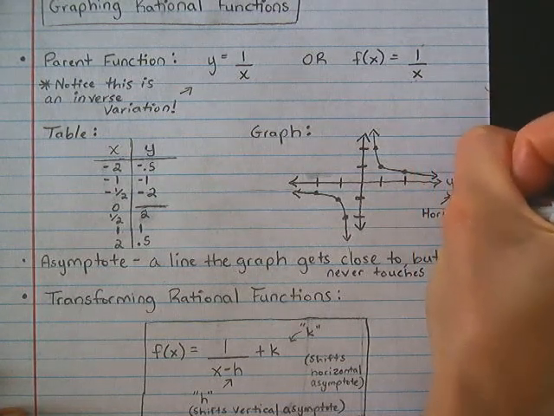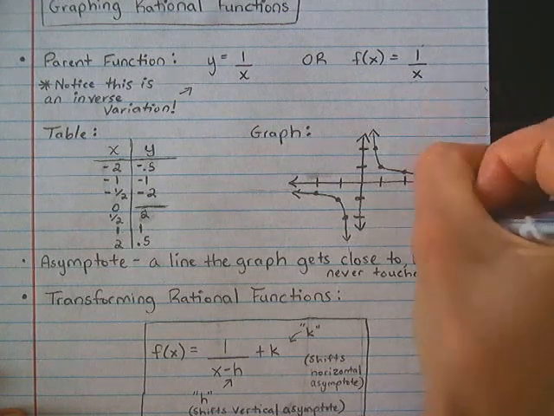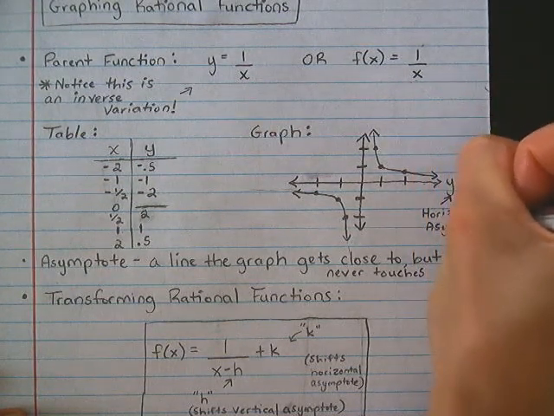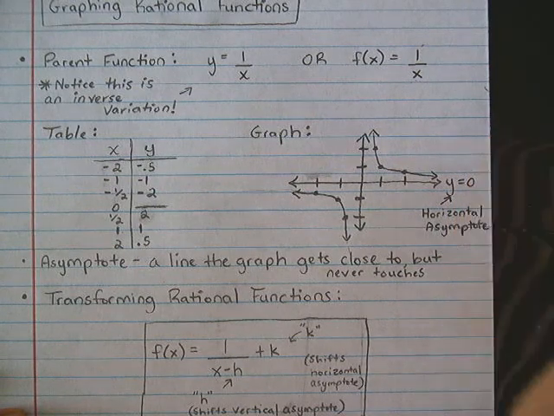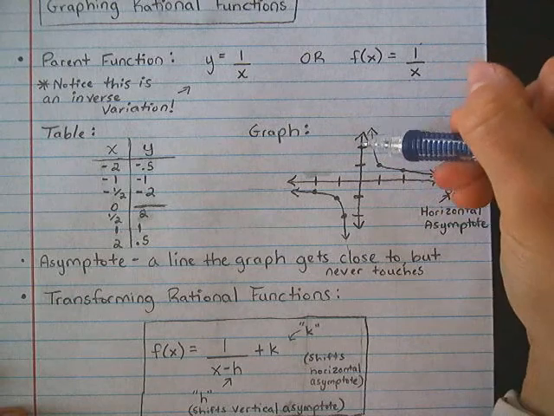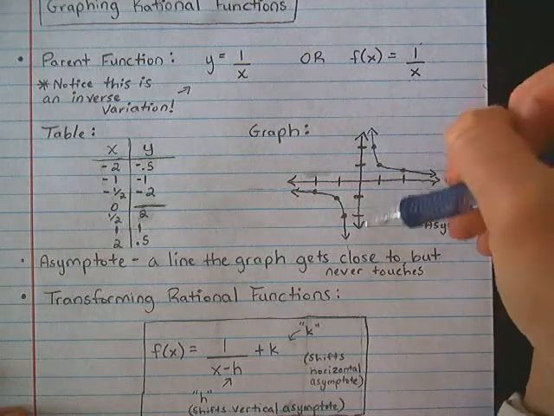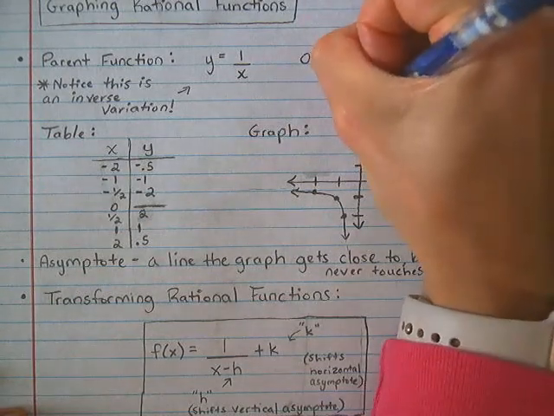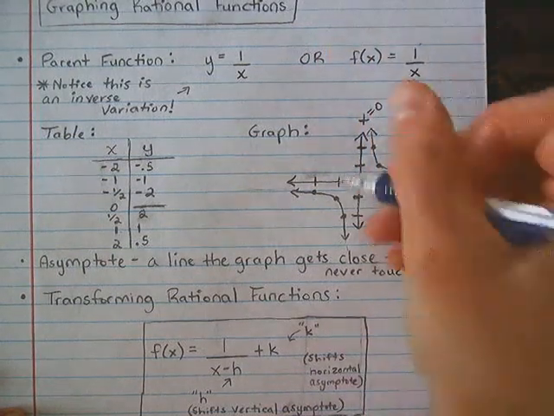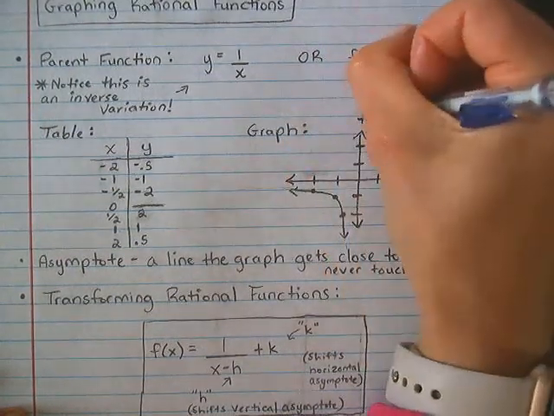And horizontal, remember, goes left and right, because it is a line in your graph that when you've graphed it, it gets close to, but it never touches. And then it has another asymptote here, which is the y-axis, which if you remember, would be the line x equals 0, okay, because it touches the x-axis at 0 and nowhere else.